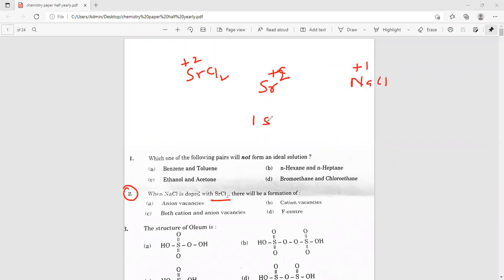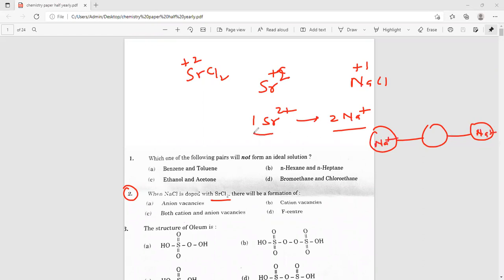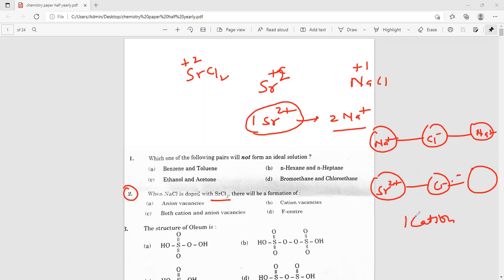It means 1 Sr2+ displaces 2 Na+ ions. When Sr2+ displaces 2 Na+ ions, 1 Sr2+ occupies 1 lattice site and the other site is vacant, which means 1 cation vacancy is there, because Cl has no effect in the case of negative charge.